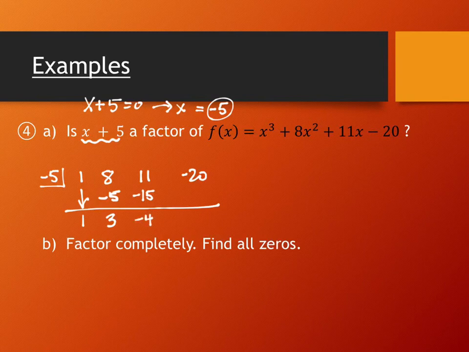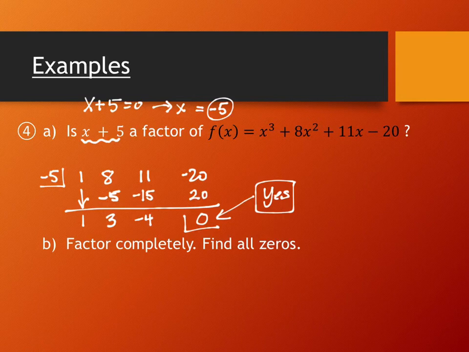Negative 4 times negative 5? Positive this time. 20. Leaving me with 0. So, again, this 0 gives me the answer that yes, x equals negative 5 is a 0, so x plus 5 is a factor. Yes, it works.